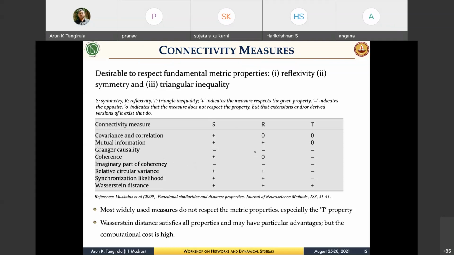Then reflexivity is desirable in many applications, especially for it to be qualifying as a metric. The triangular inequality has got to do with whether it can cater to confounding or not, and so on. And Granger causality, yes, it can. It measures a direct link, therefore it satisfies the triangular inequality principle. Correlation does not, because it suffers from confounding.